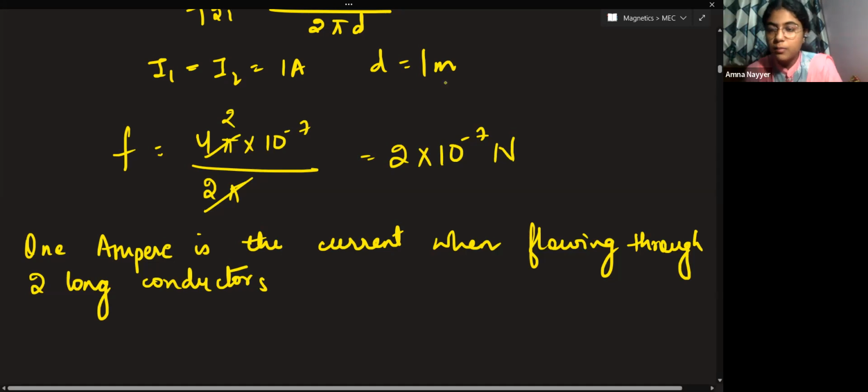We have just written this part. Now let's write the next part: separated by 1 meter.